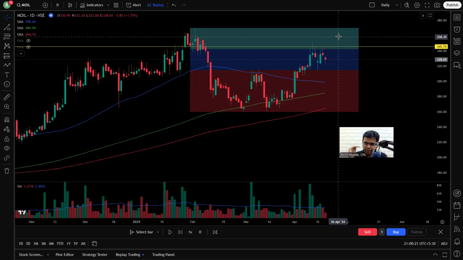So let me repeat: yellow line in the red zone, I'm not interested in the stock. Yellow line in the blue zone, I need minimum 6 points in the base. I need that contraction to happen so that the retail supply is at the lowest. Even if there is overhead supply, even a small amount of demand could push the price up. So I need contraction. The more the better, but minimum 6 points are required.